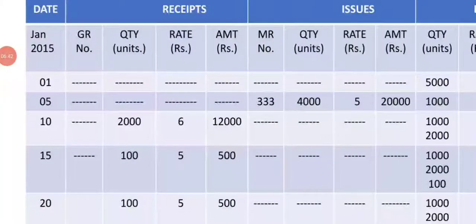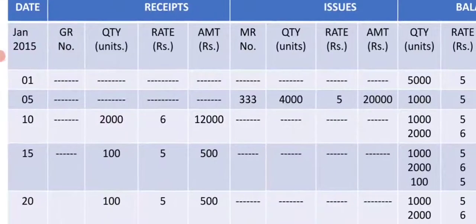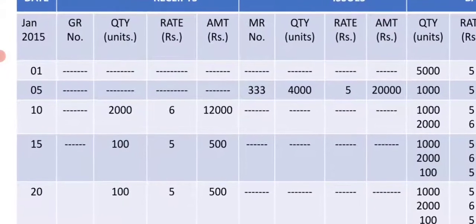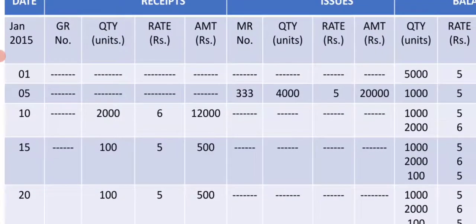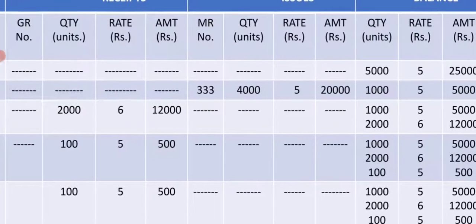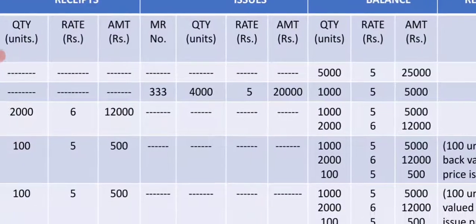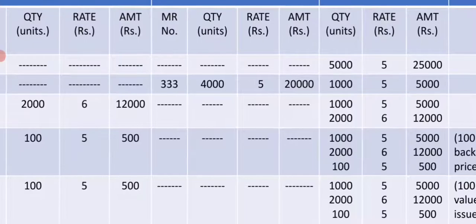These are goods received back, so they should be written on the receipt side. 100 units, and the rate should be rupees 5 only, because it is given that these were issued on 5th January and received back, so the rate is available. So 100 units into 5 rupees, 500 rupees is the received value of the units.